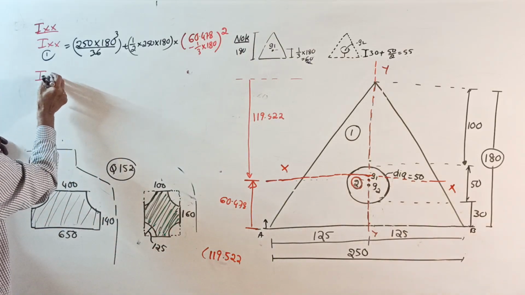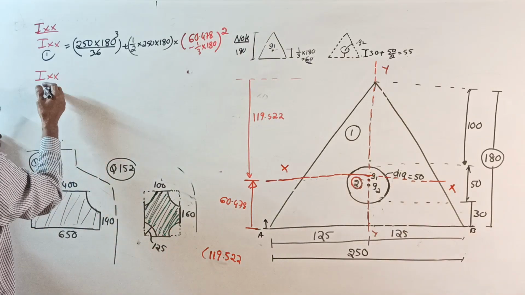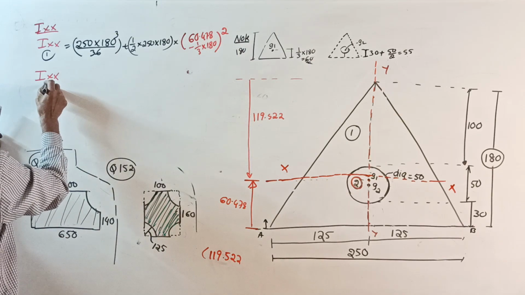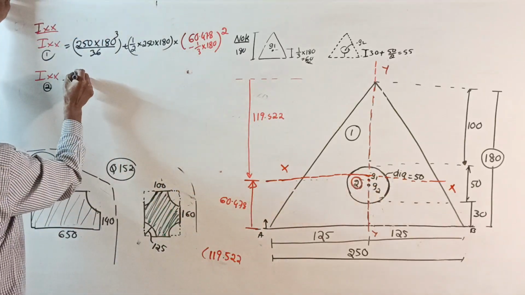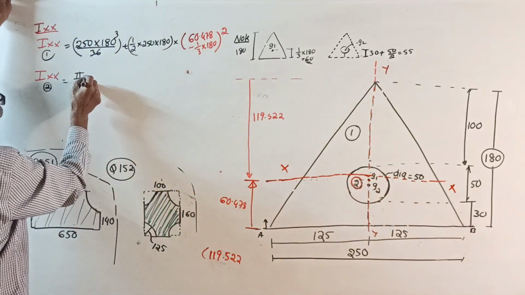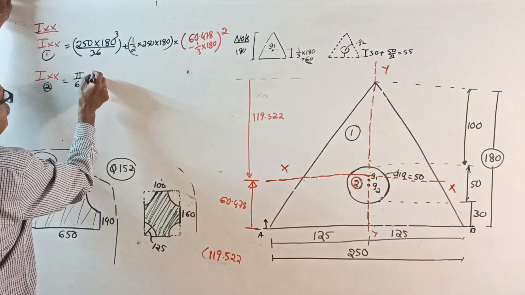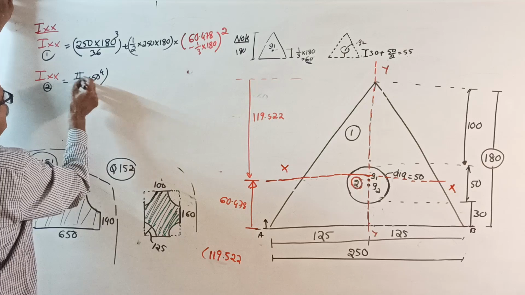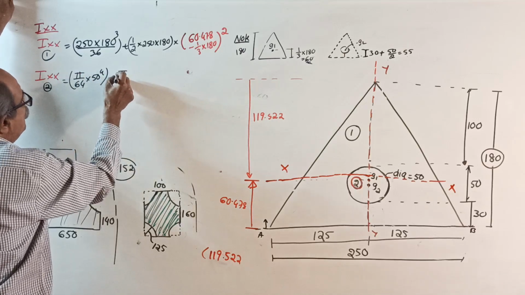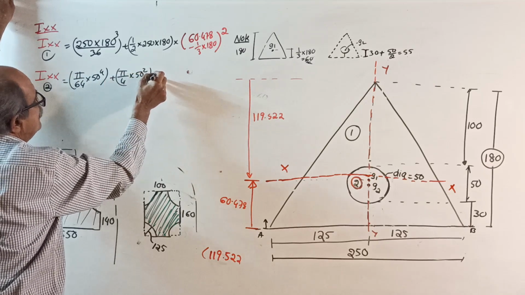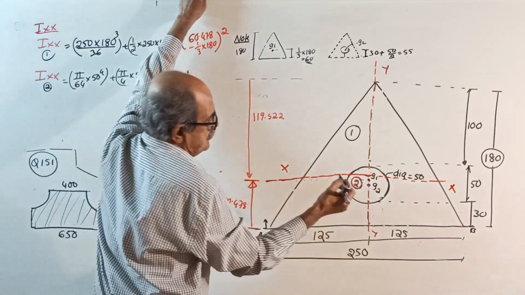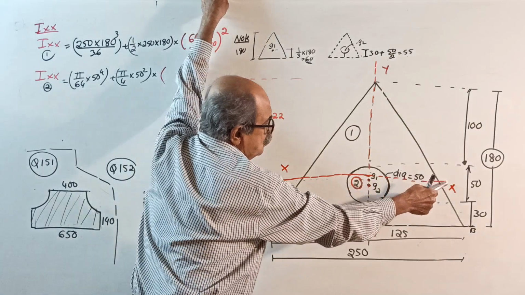Then I about xx for 2. 2 is the circle. First about its own axis: pi by 64 of the diameter, 50 power 4, plus pi by 4 of 50 square, which is the area, into the distance from the centroid of the circle to xx.